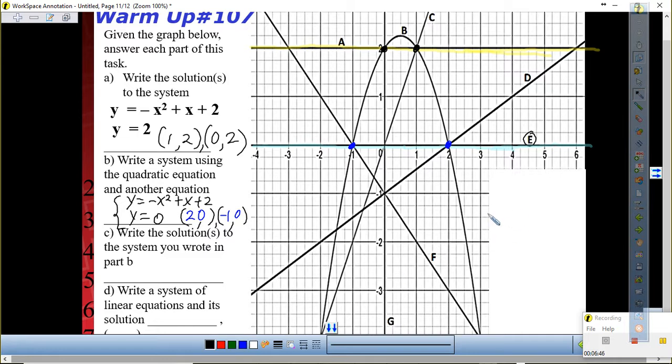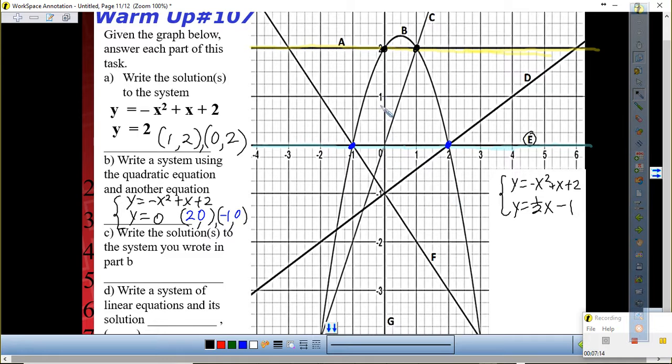Okay. Who can give me another system? Another system. Y equals -x squared plus x plus 2. Who wrote a different system? I only saw like 5 hands go up for that first one, so who has a different system? Yes, Andrew. Y equals 1/2 x minus 1. Let's find out. What is the y-intercept? -1.